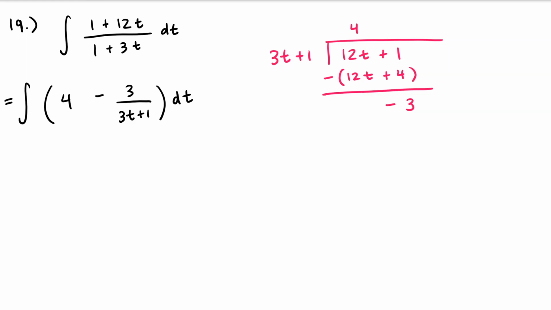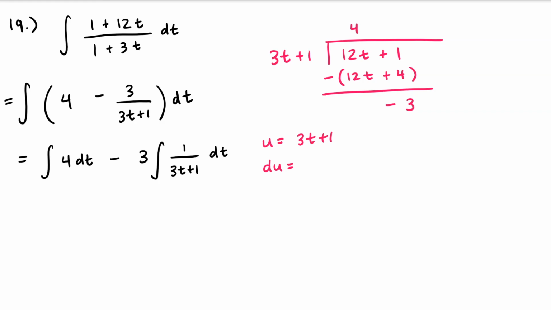From here, I'm going to break this up into 2 integrals. So I have the integral of 4 dt minus, and then in the second integral, I'm going to factor out the numerator of 3. On this second integral, I'm going to go ahead and use u substitution. I'm going to let u equal 3t plus 1. That's going to make du equal 3 dt.